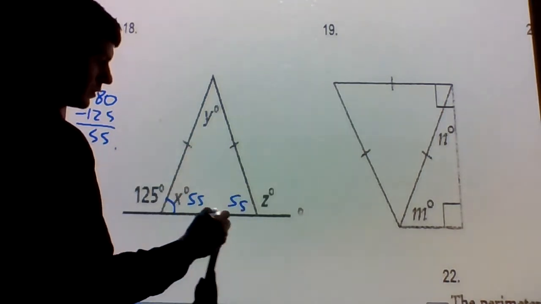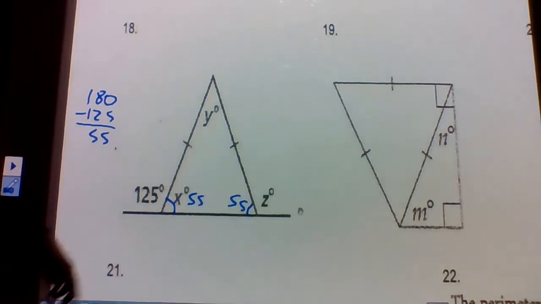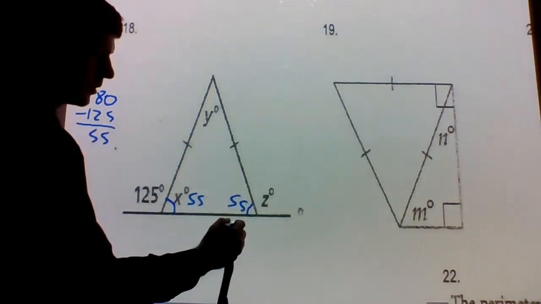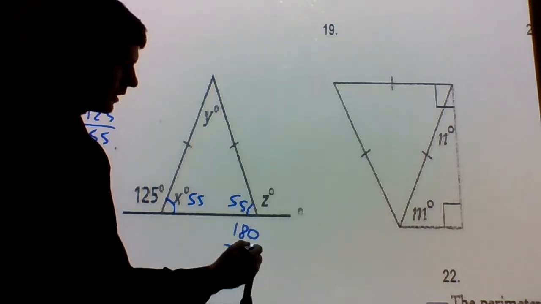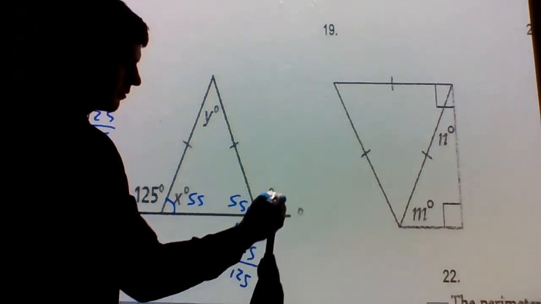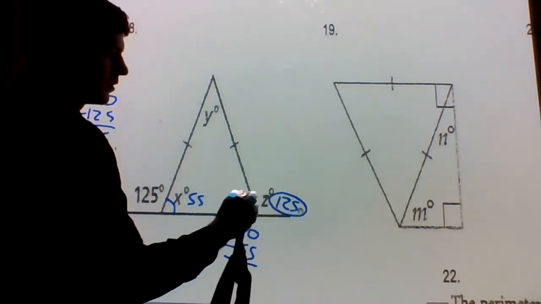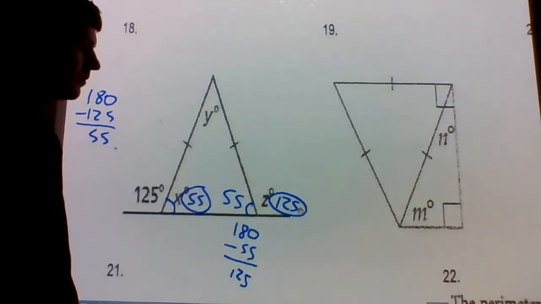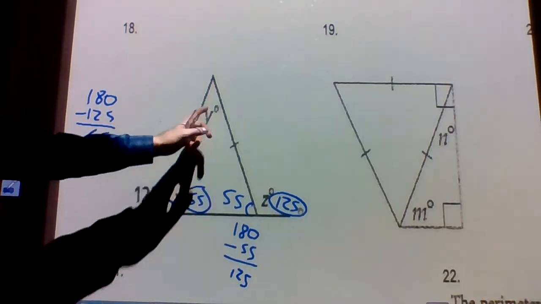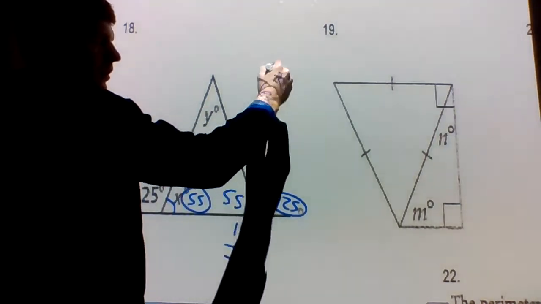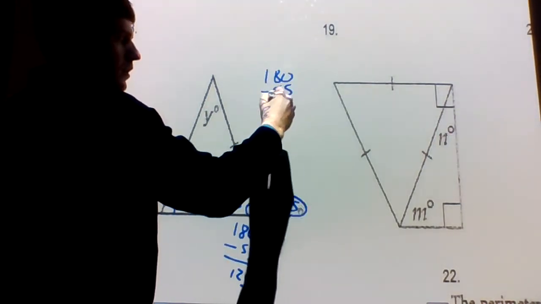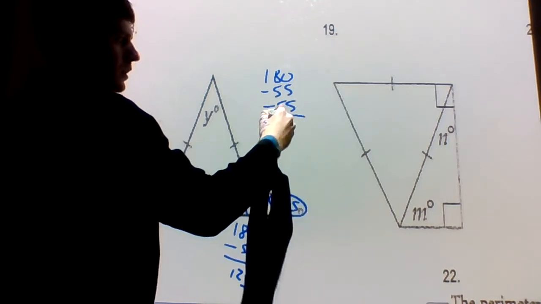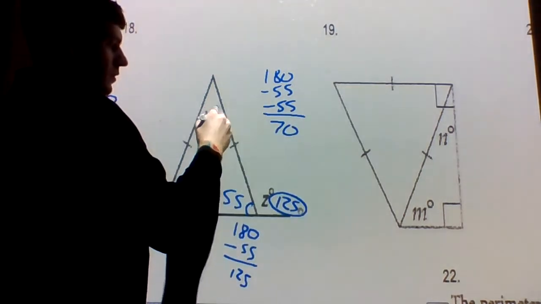These are the base angles, they're congruent. Right across from your sides that are congruent. We have a linear pair here, so 180 minus 55 is going to give us 125. Sorry, it's 55. Okay, and then the three angles of a triangle add up to 180. So 180 minus 55 minus 55 is going to give us 70.